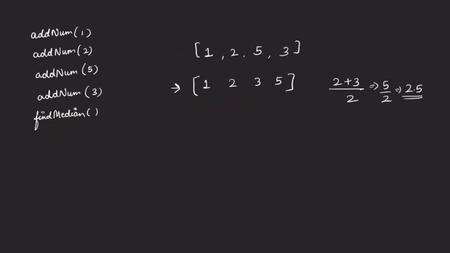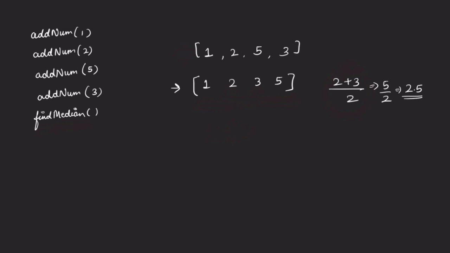Otherwise, through that index itself, we can take the two middle values and apply the formula and find out the median. But the problem is sorting the array every time whenever findMedian is called, because that is going to increase our time complexity. So we want to avoid sorting our array again and again whenever findMedian is called.